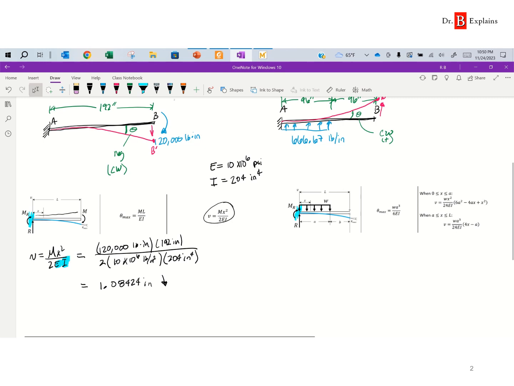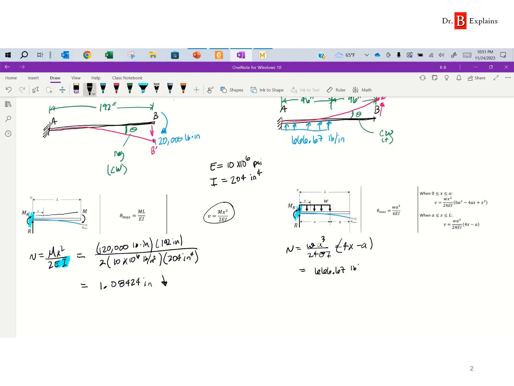That's what we want, because we want the edge, so we have to use the second equation. The deflection in that case is w, the distributed load, times a cubed, divided by 24 EI, times 4x minus a.